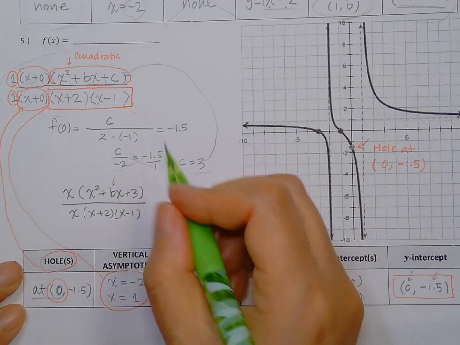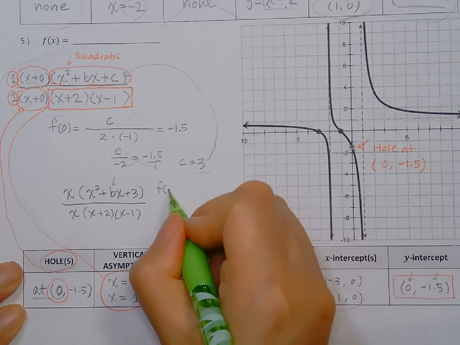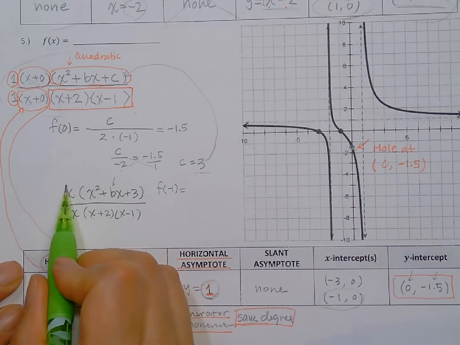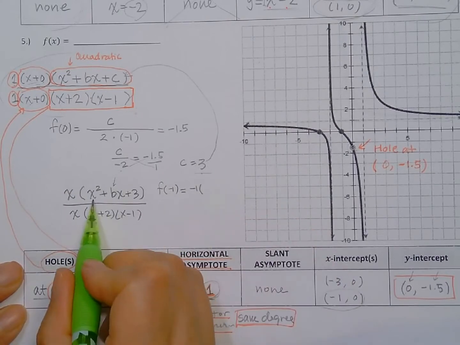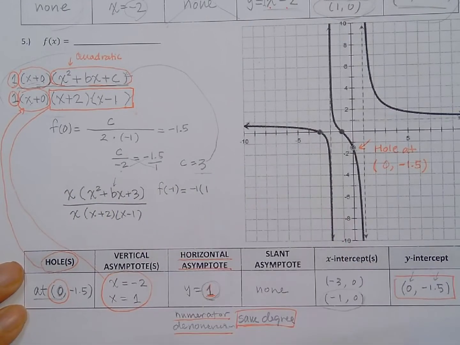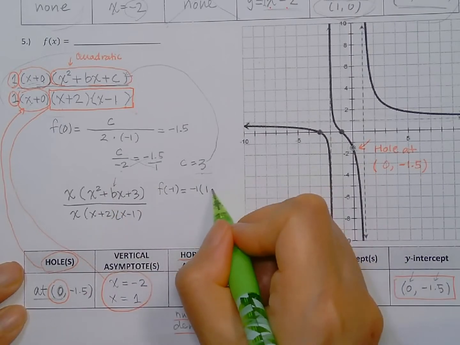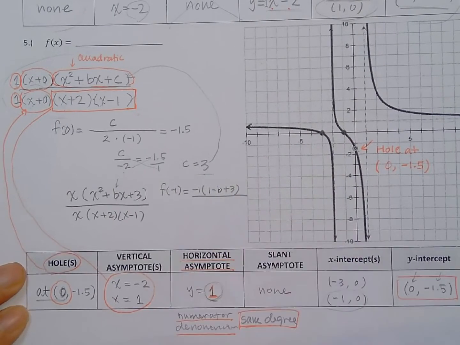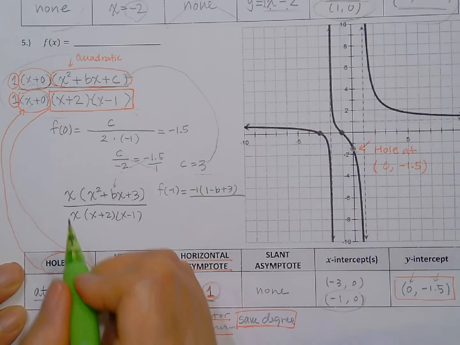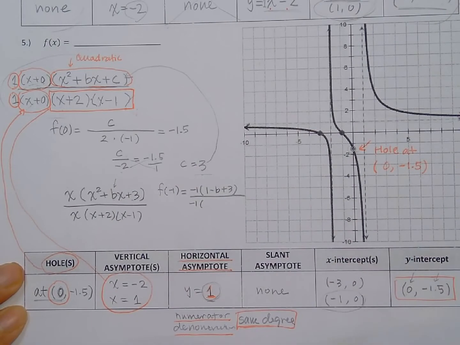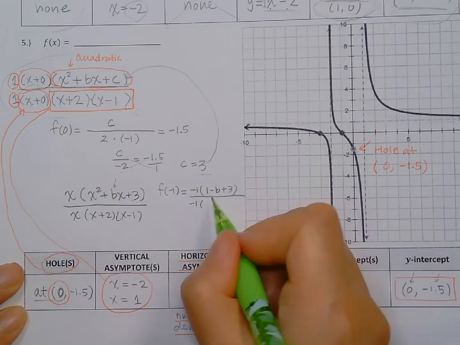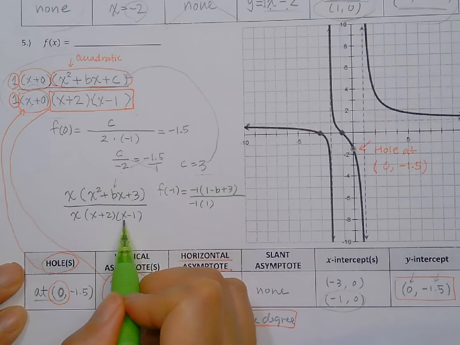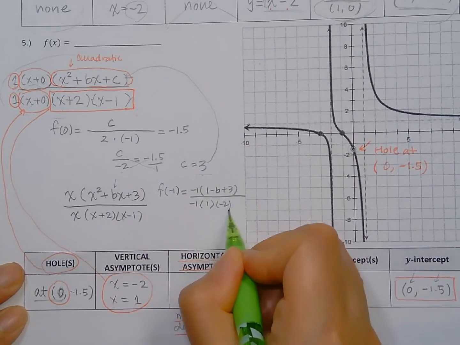If I input f of -1, it's going to be -1 times -1 squared is 1, b times -1 is -b, and plus 3 over -1 times -1 plus 2 is 1 times -1 going in here, -1 is -2.